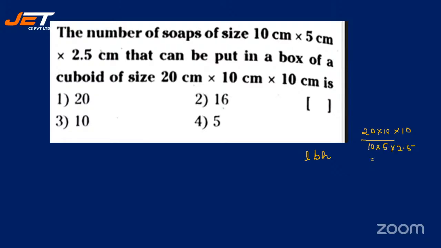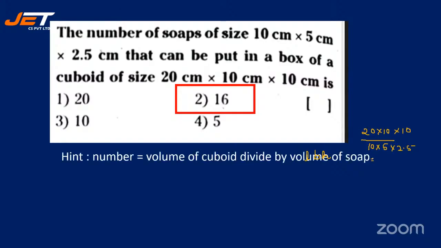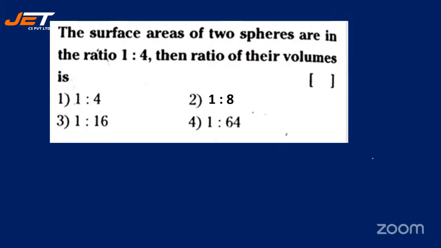I have even given you the answer for this, so please understand and do the sum. Okay, it is 16. So the number is equal to volume of cuboid divided by the volume of the soap. Right? Now let's move on to the next question.